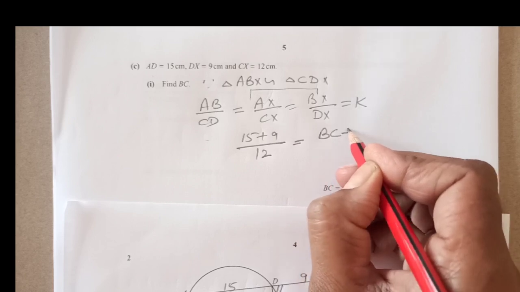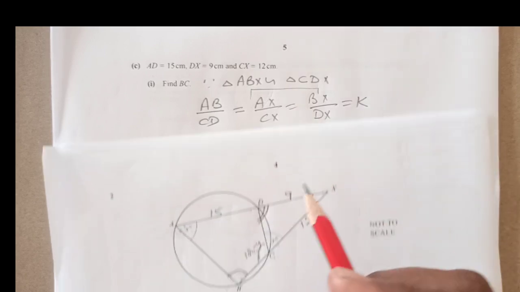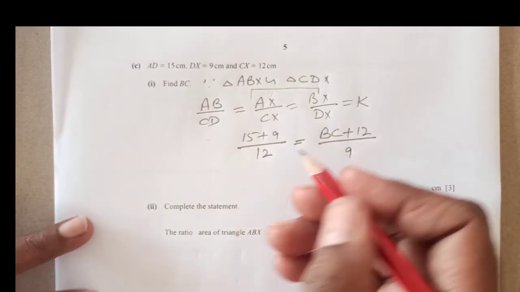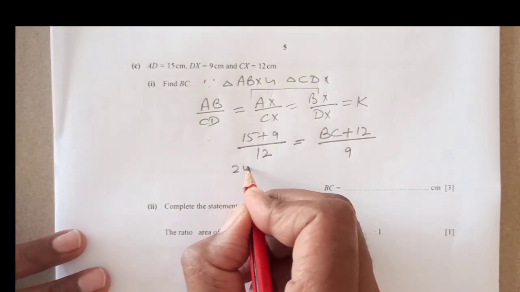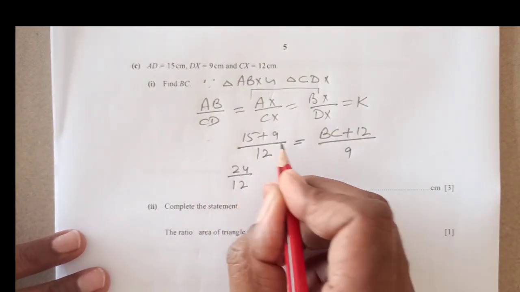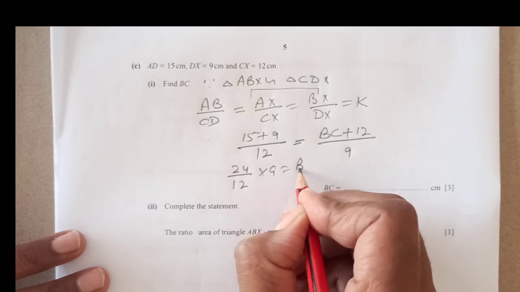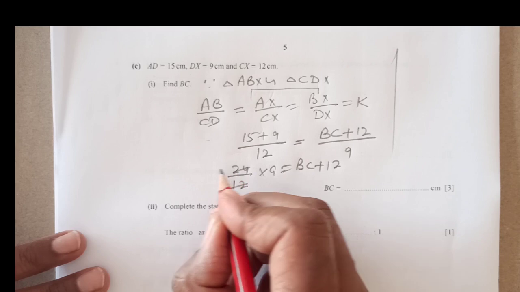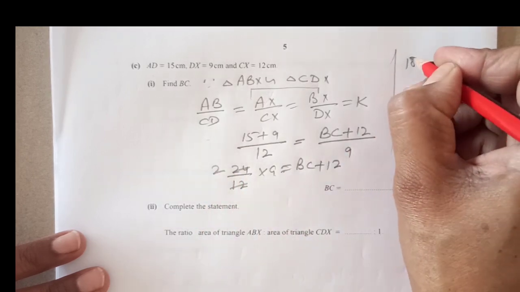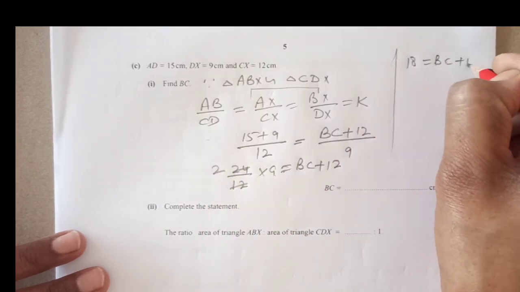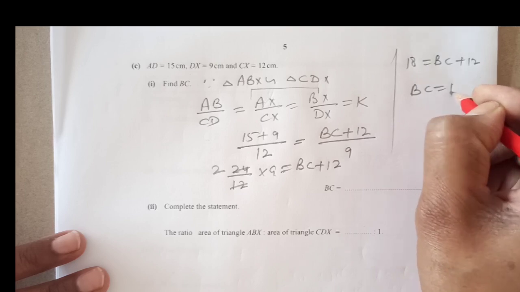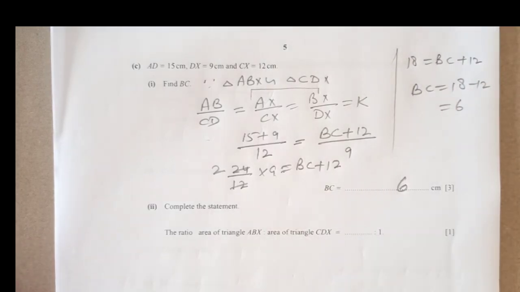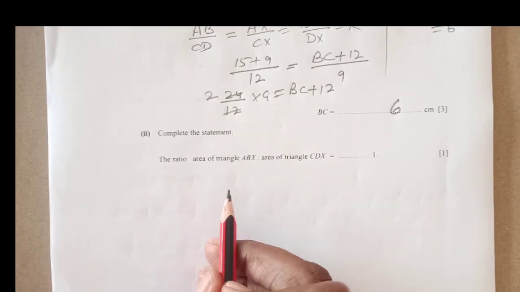So BC plus 12 over DX, DX is 9, right? Now we are just going to substitute the values. This is 24 over 12 equals BC plus 12 over 9. So from here 12 times 2, 9 times 2, it's 18, equals BC plus 12. So BC is 18 minus 12, which is 6. So 6 centimeters, right?